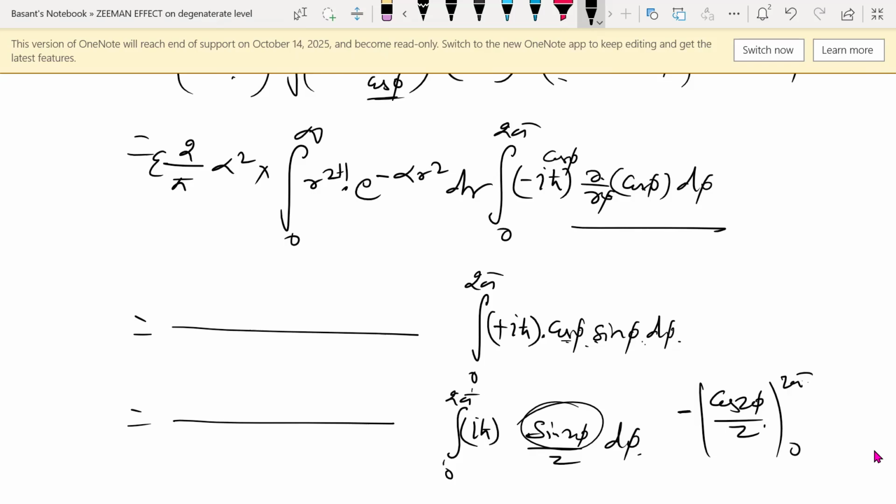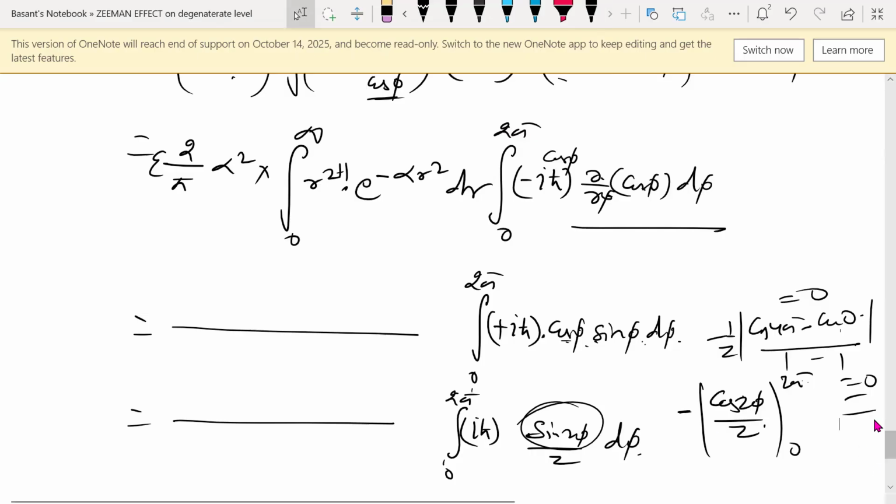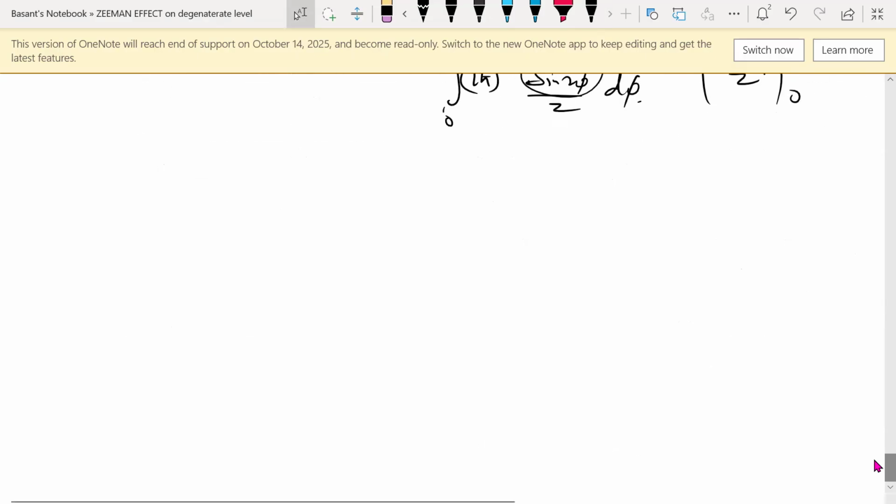So this becomes cos 4 pi minus cos 0, and this gives 0 because cos 4 pi is 1 and cos 0 is 1. Hence H dash 11 gives 0 value.